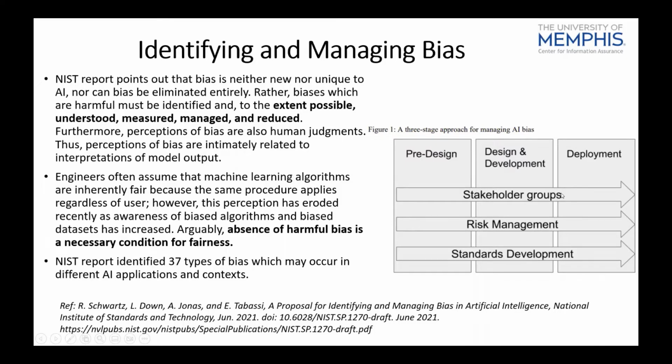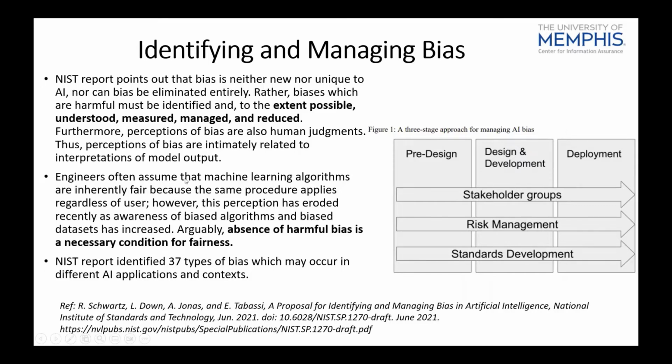Stakeholder groups who are involved, who will get affected, they need to be involved. And the risk management group who will test, validate, and the standard development or the evaluation group. So they will work in concert to manage the bias in any algorithmic approach.